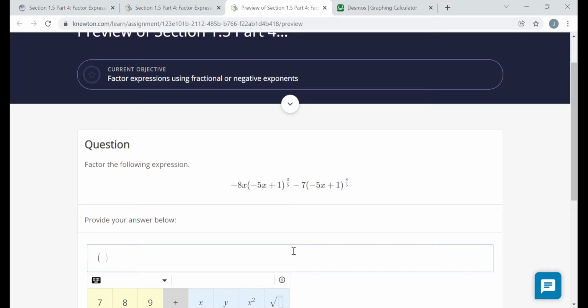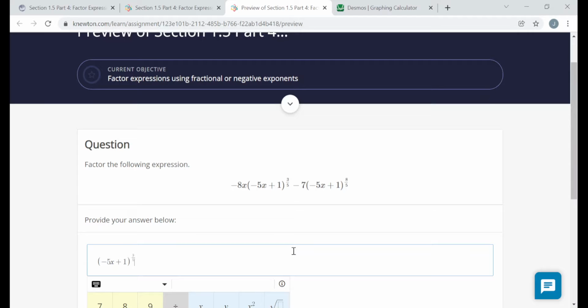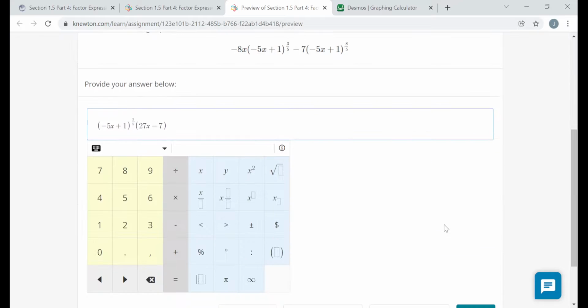So we have negative 5x plus 1 to the 3/5 power. Sorry, that's tiny there. Times 27x minus 7 for the other factor. And that should be good.